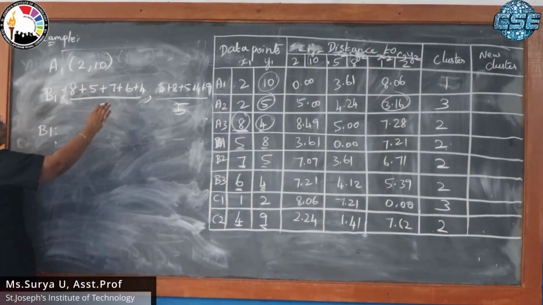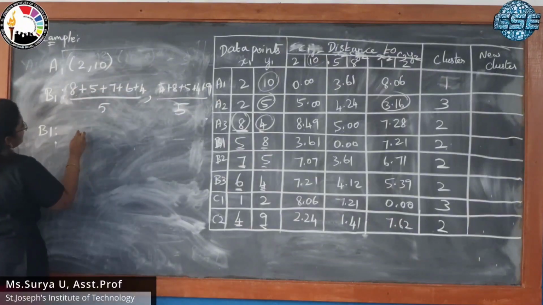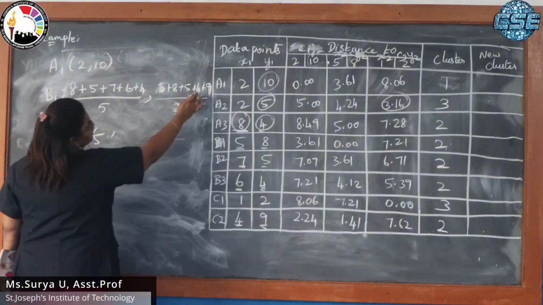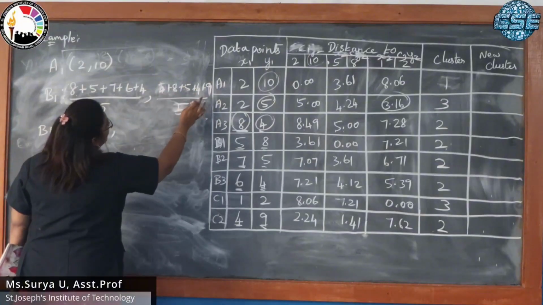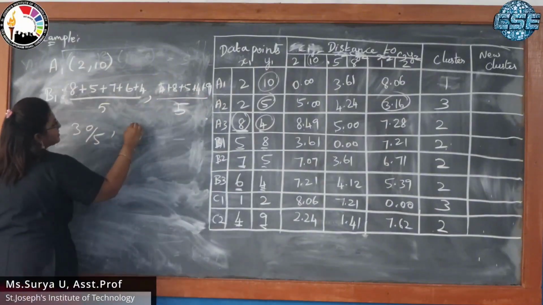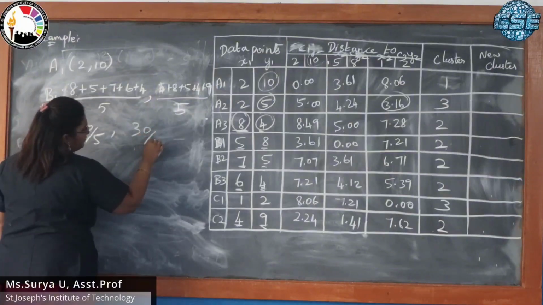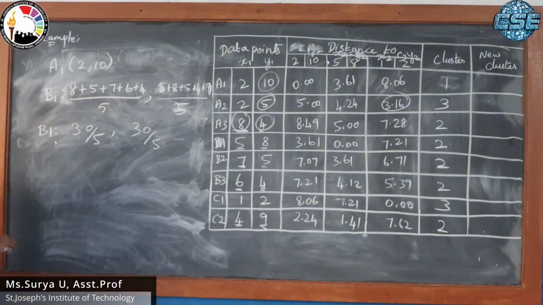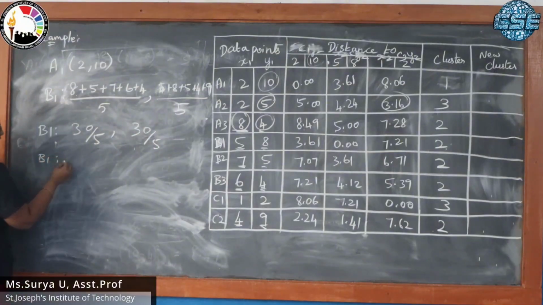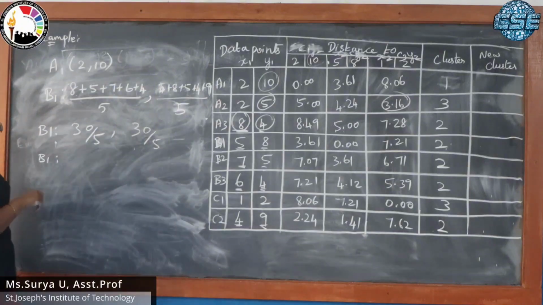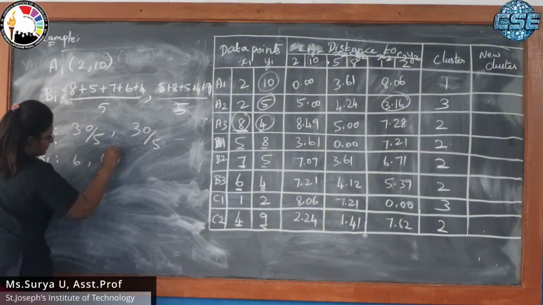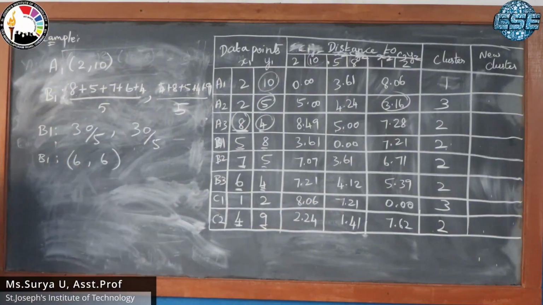I will be getting 10, 20, 30, so 30 by 5, comma. Here also it's going to be 9, 10, 20, again 30. So 30 by 5. So B1 equals 6, 6. So this is your new centroid of B1.